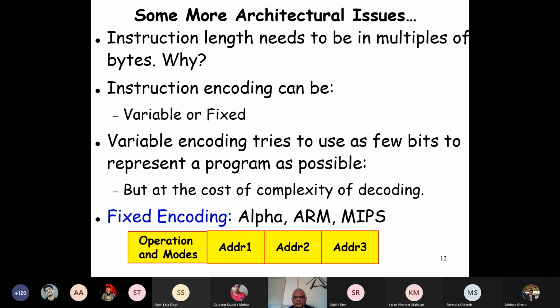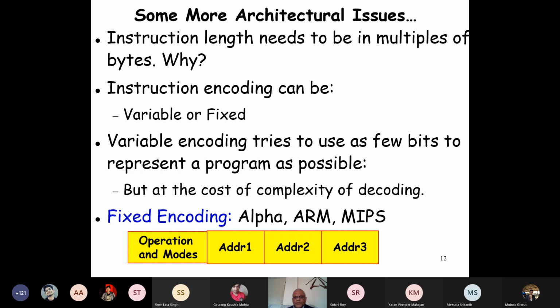Now, the encoding of the instruction can be variable or fixed. In a variable encoding, some easy instructions, those who take only register operands and simple operations, they may take just 2 bytes.